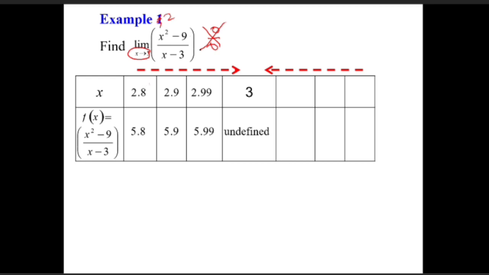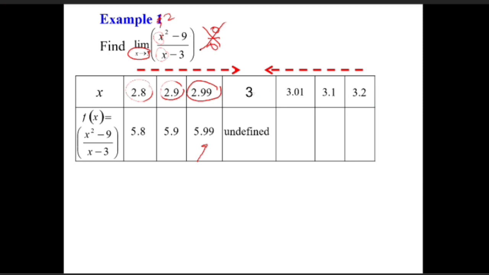So we can start by substituting a number which is close to 3. For example, 2.8, 2.9, 2.99, 2.9999. You can replace your x here and press your calculator. You will see that the answer is 5.99 and is very near the value 6. Try to do the same from the right side of 3.